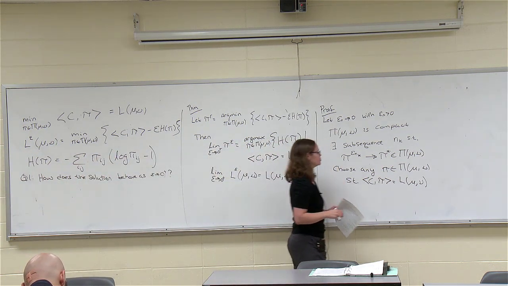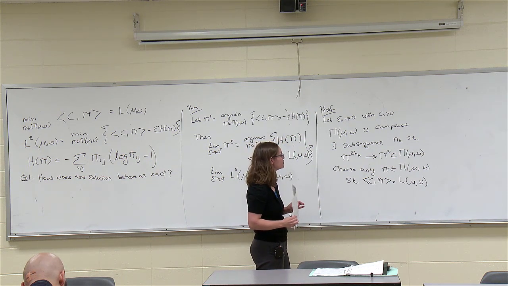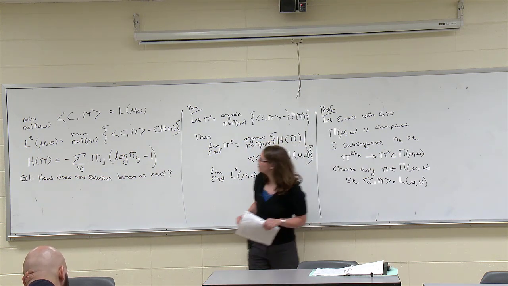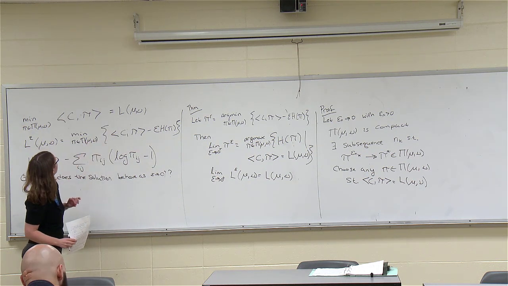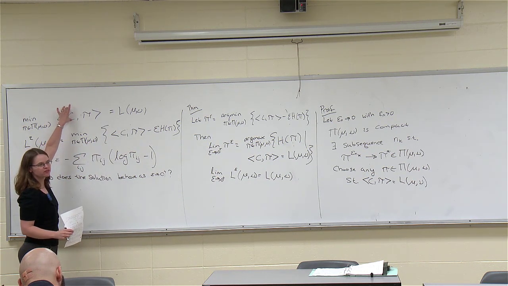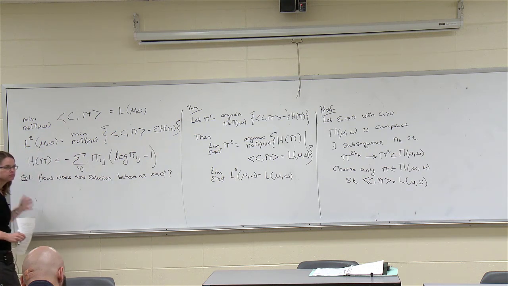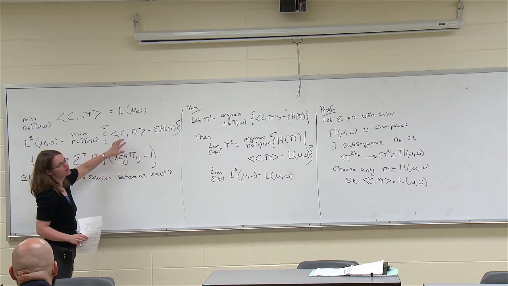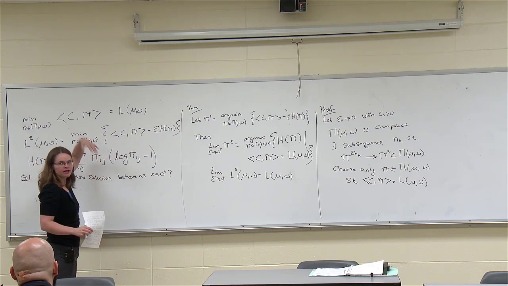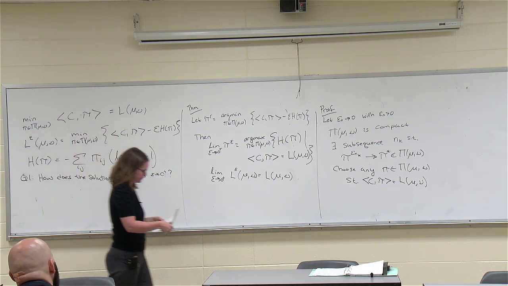Okay, and now let's try to use what we know about how these things are defined. We have optimality conditions, right? Pi epsilon is the minimizer of this, and pi is the minimizer of this. So we can write down conditions for that, right? If I plug pi in here, I'm going to get a bigger value than if I plug pi epsilon in here. And the reverse is going to be true up here.